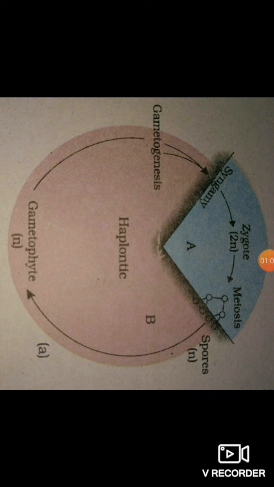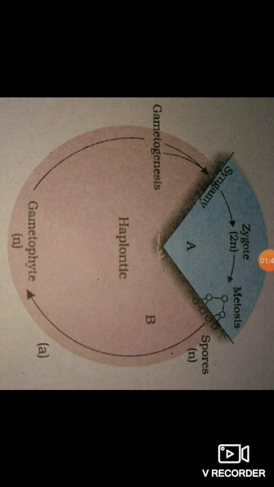We have discussed in previous classes that in plants both haploid and diploid cells can divide by mitosis, which leads to the formation of two types of plant body. First is the haploid, that means N, plant body called gametophyte, and the gametophyte produces gametes by mitosis.